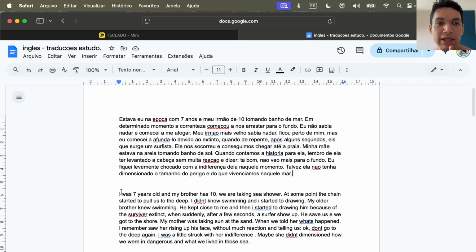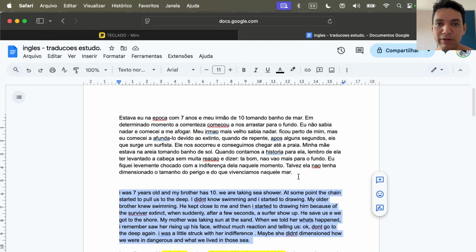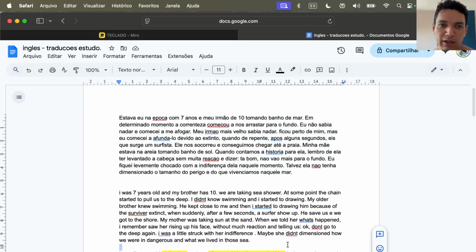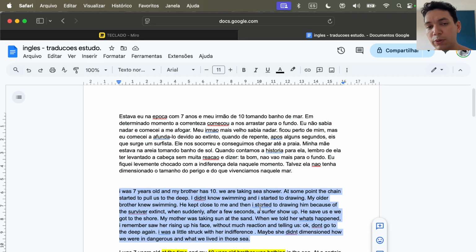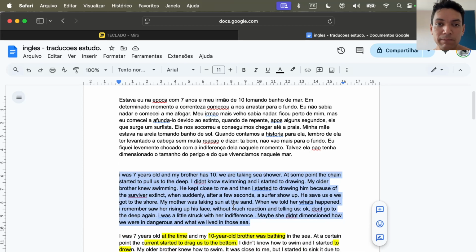Because if you try to type straight in English before typing in Portuguese, maybe you will not realize how many words are lacking. How can I say that? If you try to type in English, maybe your history will not be as rich in vocabulary because you know fewer words than in your mother language, right?